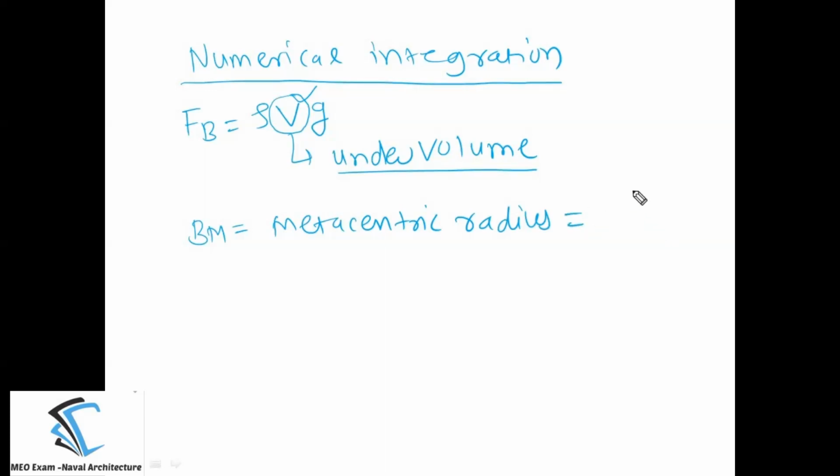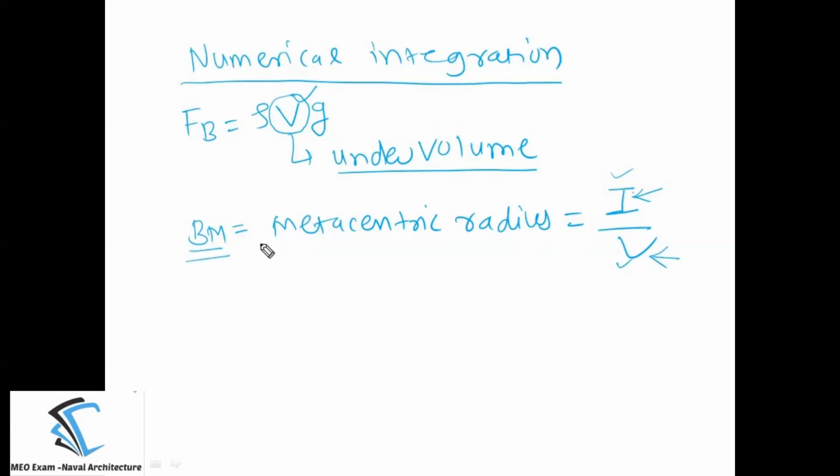For this metacentric radius, there is one formula: I by V. I is the moment of inertia of the water plane and V is the underwater volume. So if you know the moment of inertia and the underwater volume, you can easily find the metacentric radius.